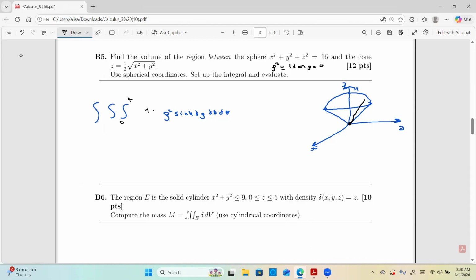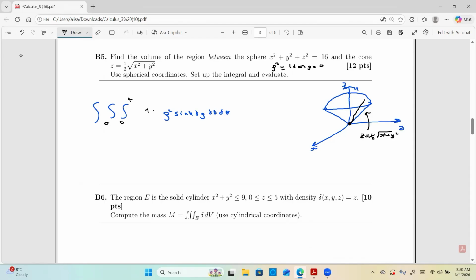And then let's see what happens to the other parameters. Basically, phi is the angle we make with the z-axis. However, at angle 0 with the z-axis, we're already inside the region. So we're gonna start at phi equals 0, and we're gonna go all the way to this line. But this line is totally determined by the cone. It has nothing to do with the sphere, and it's given by this equation.